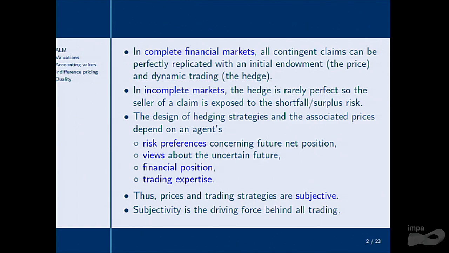And when you don't have that, it means that if you're trying to hedge a claim, there's going to be hedging error. And it means that the seller of the claim is responsible for paying out the expected shortfall in the hedging process.